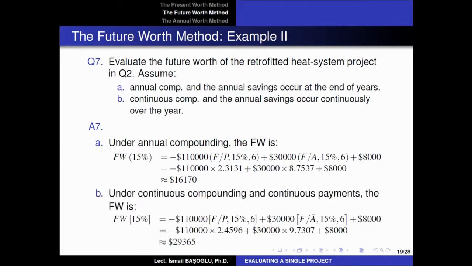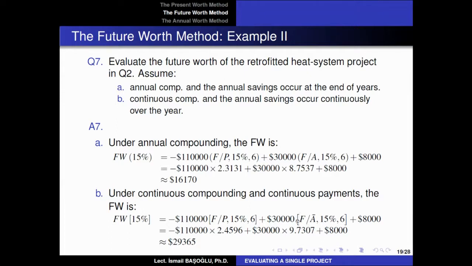Now, in the second assumption, if we assume continuous compounding, all these equations are going to be constructed with square brackets instead of ordinary brackets. And this time, when we are calculating the future value of these $30,000, we will assume that these $30,000 savings are made at a constant rate throughout the year, not just at the end of the year as a total lump sum.